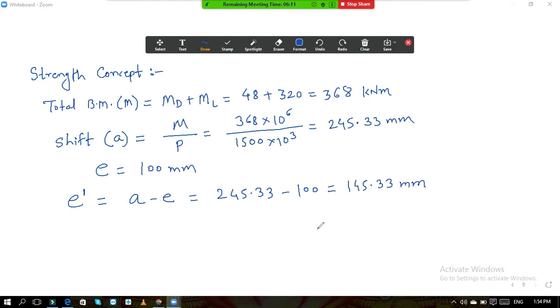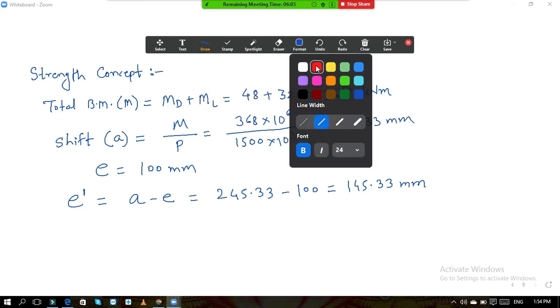Now we will calculate the resultant stresses at top and bottom.